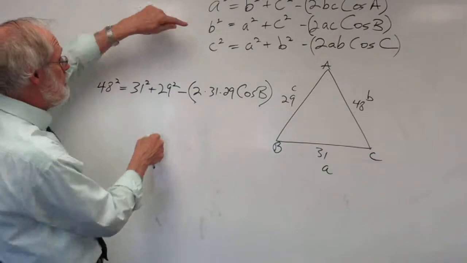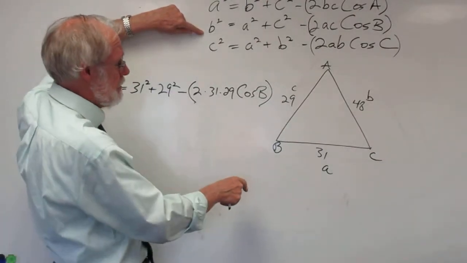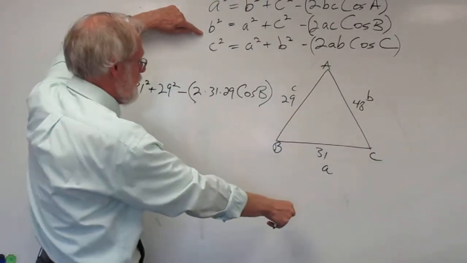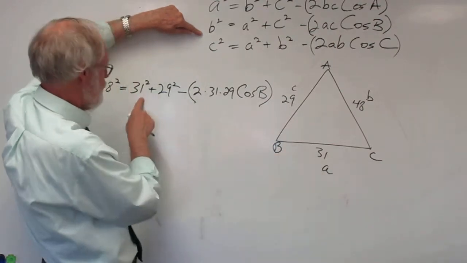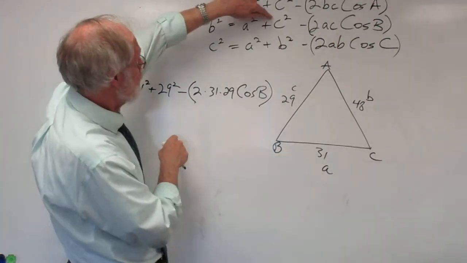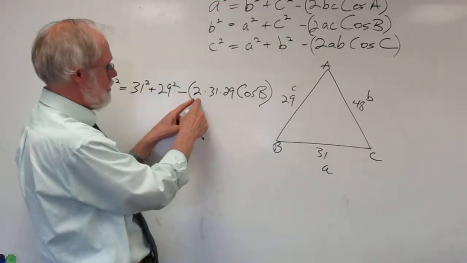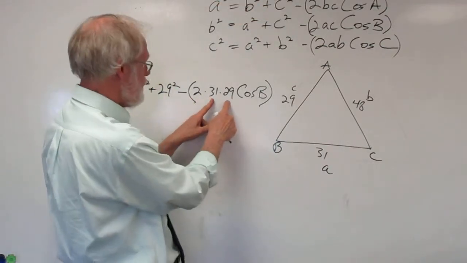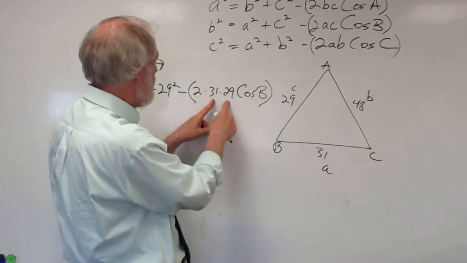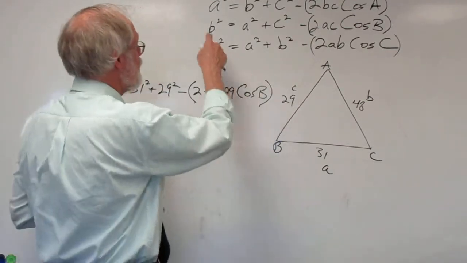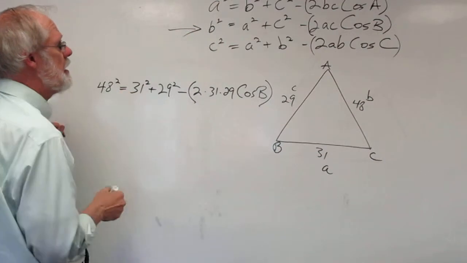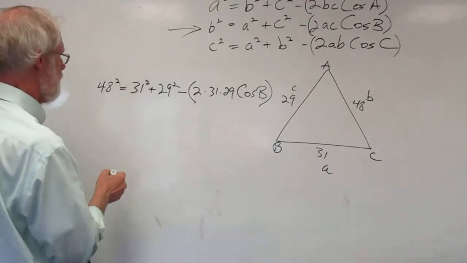I said B squared, which is 48, equals A squared, that's 31 squared, plus C squared, that's 29 squared, minus 2 times A times C times the cosine of B. So I plugged into this formula here, and now we're going to solve this.